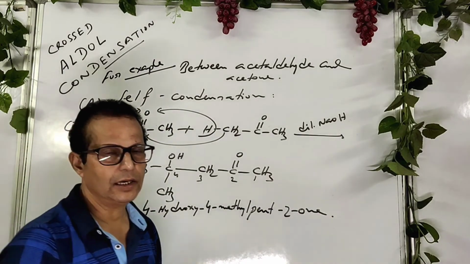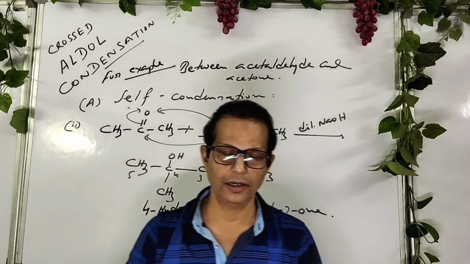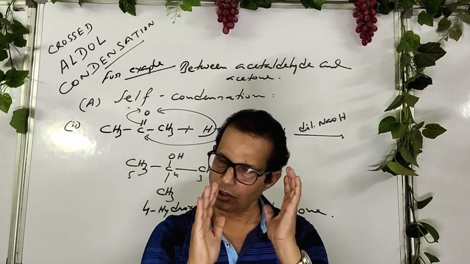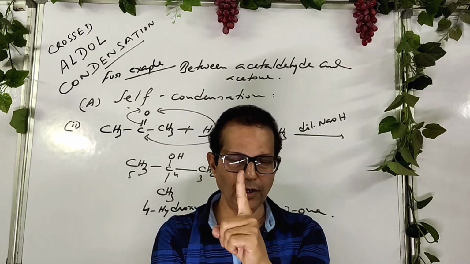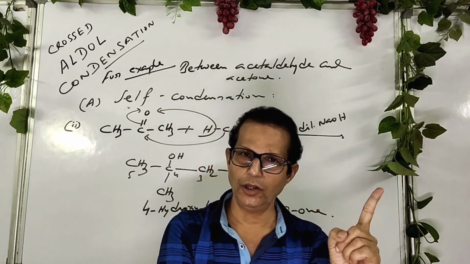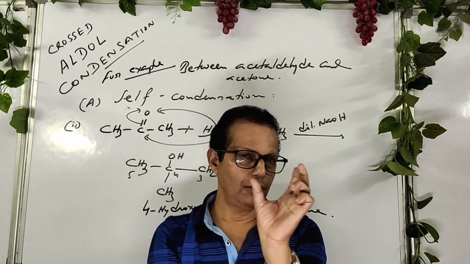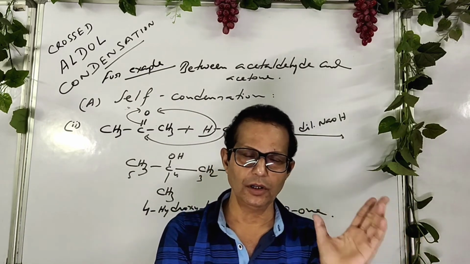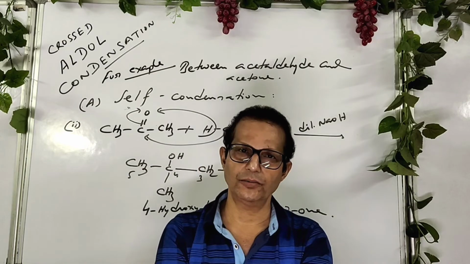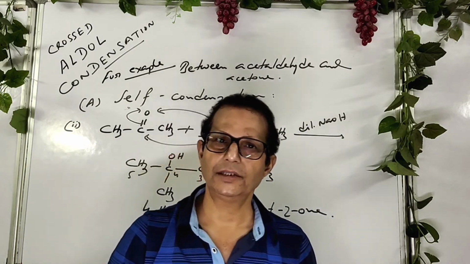These two are the examples of self-condensation. Now, cross-condensed product between one molecule of acetaldehyde and one molecule of acetone. You know that the first molecule, write the normal structure. For second molecule, write one alpha hydrogen atom separately. Okay. Now let's understand.